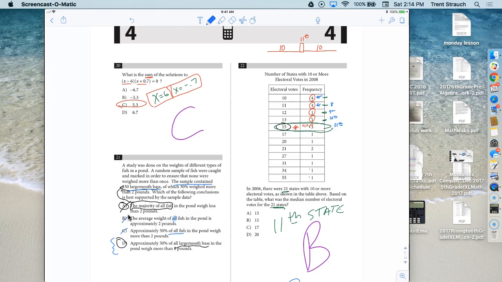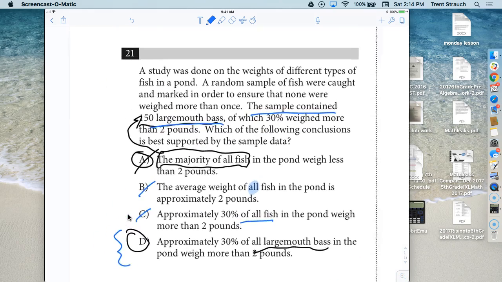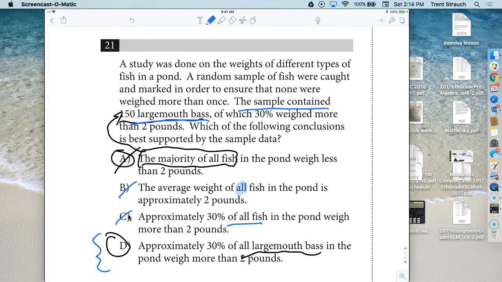This one I really wanted to talk about anyway, because it just goes to show you how people don't understand statistics very well. If you take a sample of a population, does that mean the population matches exactly what your sample is? No. It doesn't have to. It's possible, but it doesn't have to.